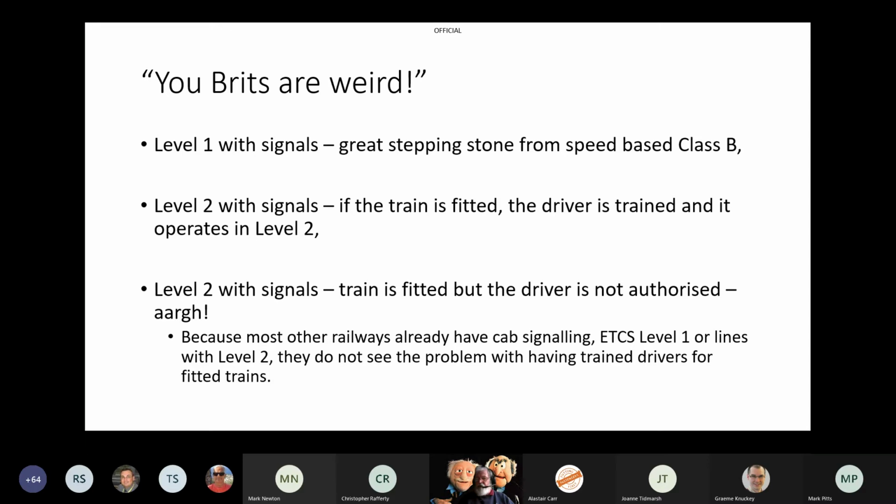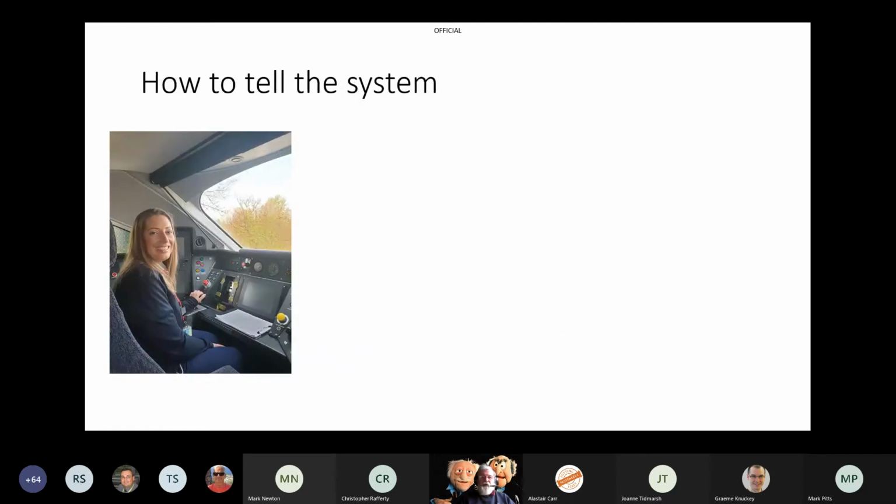So we in Britain have got a problem, because if you look at Thameslink, there are hundreds of drivers who would need to be trained in ETCS and then maintain their competency. For Great Western, it's the same. And so we had to come up with a solution where the driver can tell the system that they are not authorized to operate in ETCS. So how did we look at doing that?